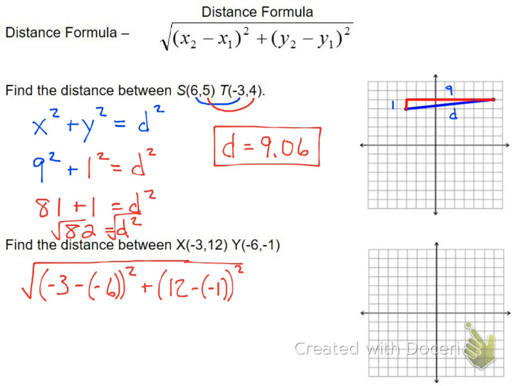So when I do -3 minus -6, I get 3 squared plus 12 minus -1 gives me 13 squared. So inside 3 squared plus 13 squared gives me 178. And the square root of 178 gives me 13.34.